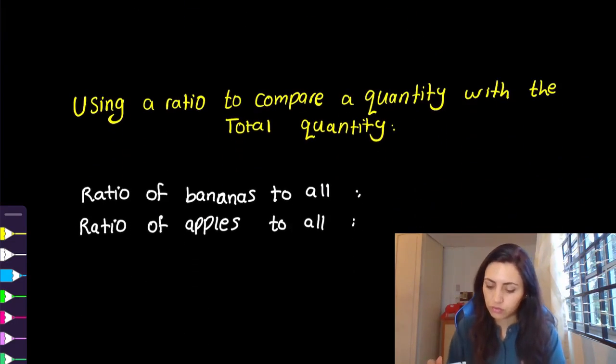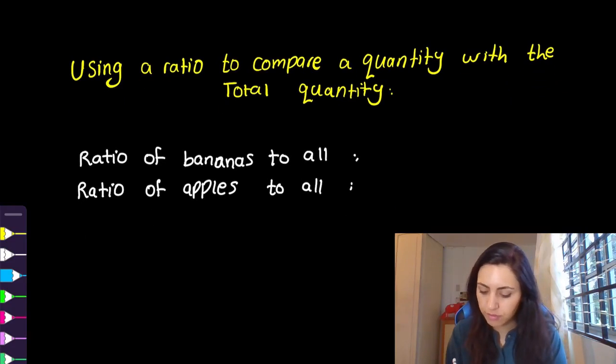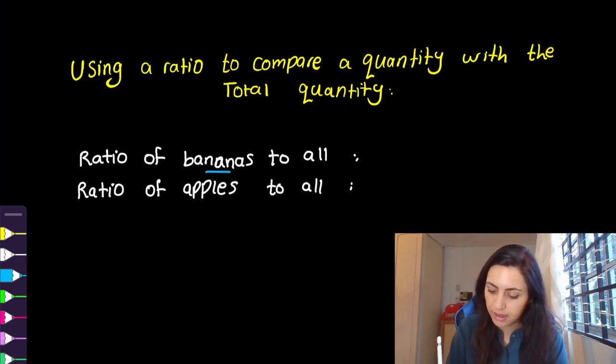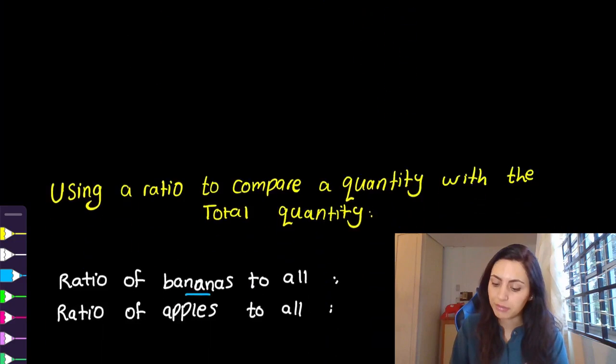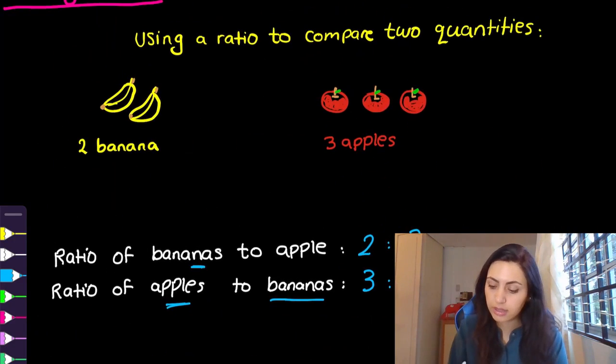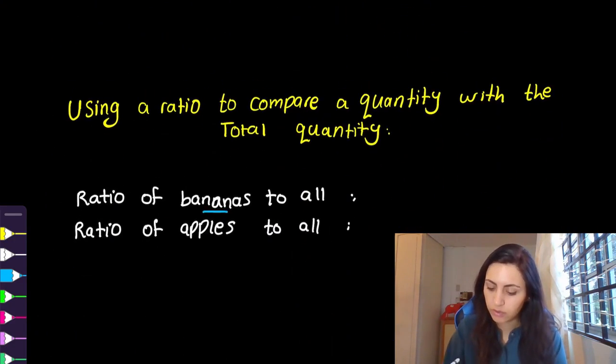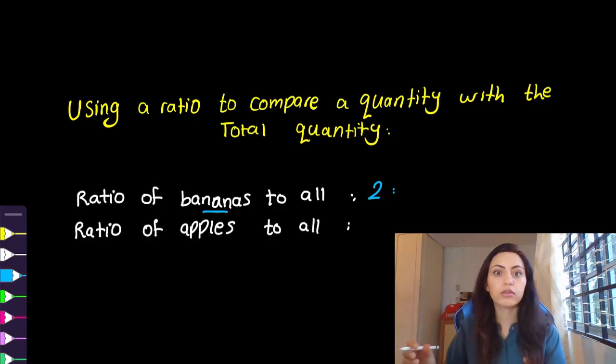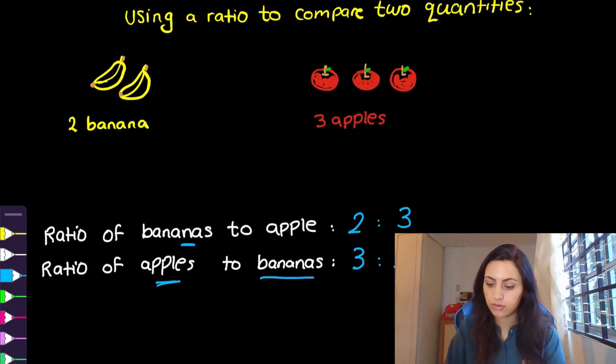Then we're going to talk about using a ratio to compare a quantity with the total quantity. For example, we have the ratio of banana to all. Because we said banana first, we write the number of bananas first. On the top, we have only 2. And to all. All means the total number of fruits that we have.